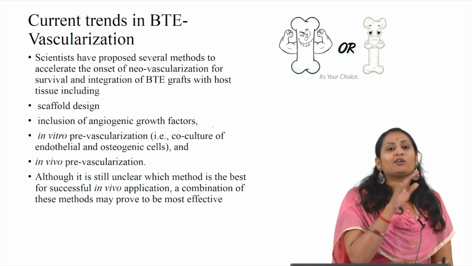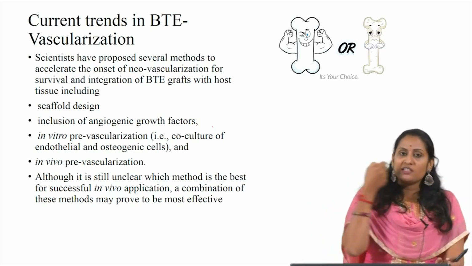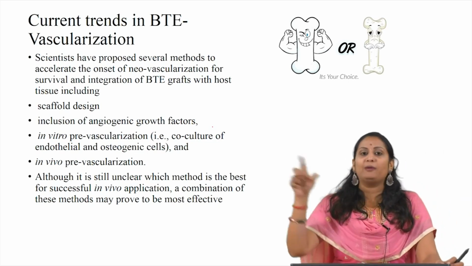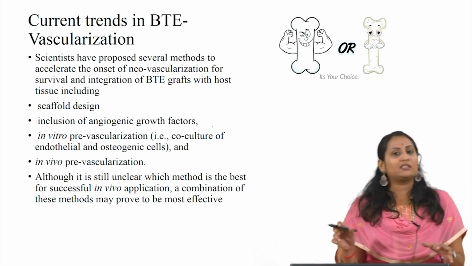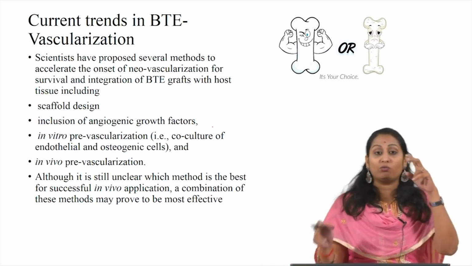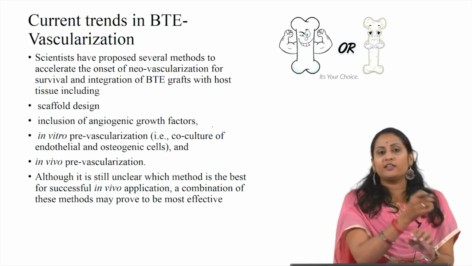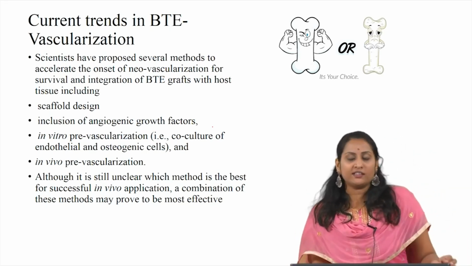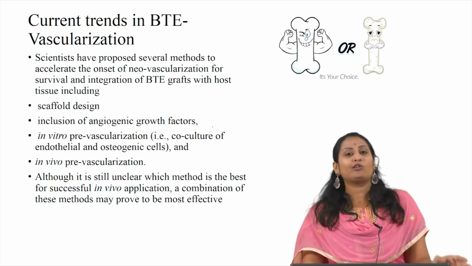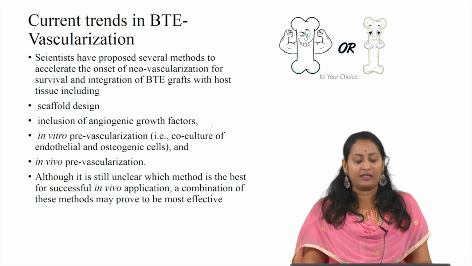After 2 weeks or after a certain time, we harvest that scaffold and place it in the bone defect. But this method requires 2 surgeries. First we need to place the scaffold to get it vascularized, then we have to remove that scaffold and place it on the defect site. So it requires a lot of pain, surgeries, time and everything.